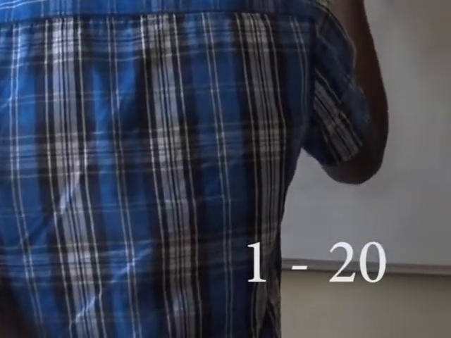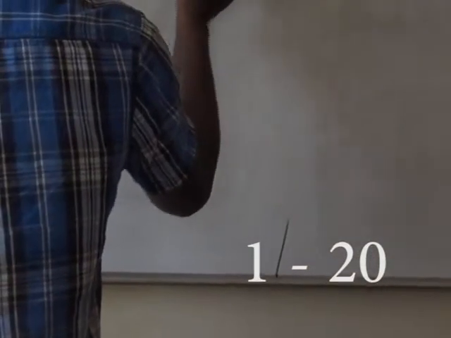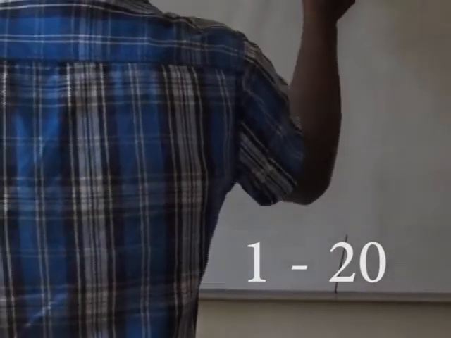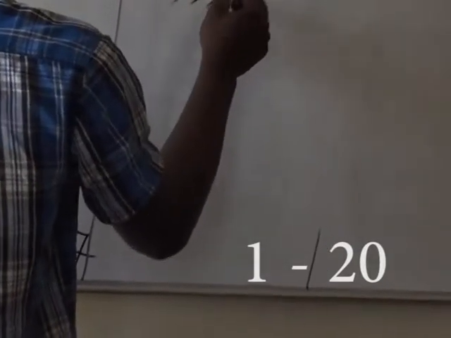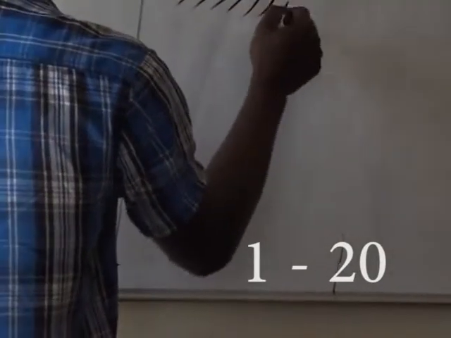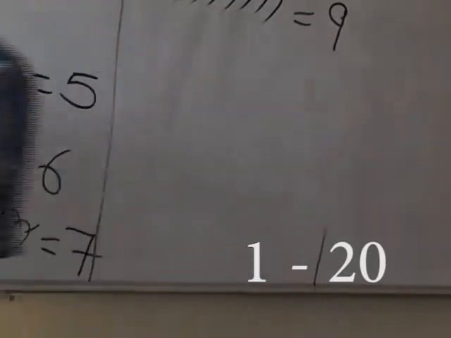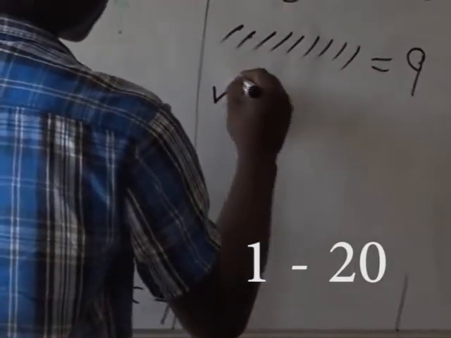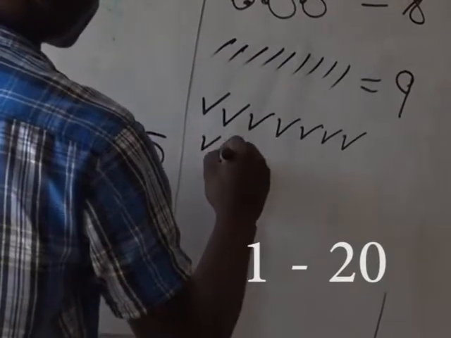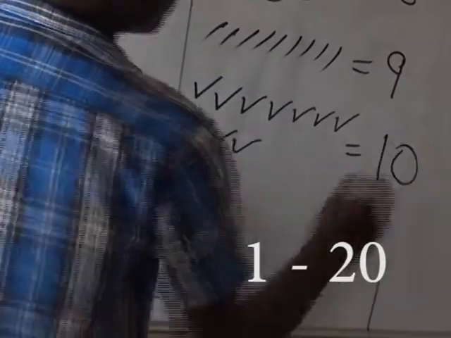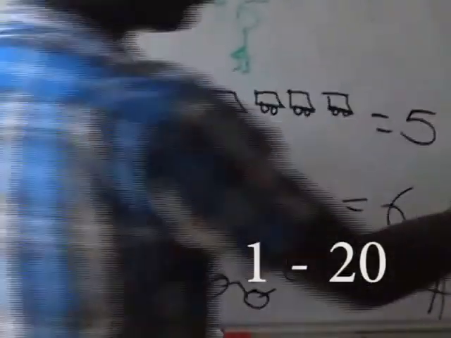Then we continue. We have 8. We have 9, and then we have 10, so we have counted from 1 up to 10.